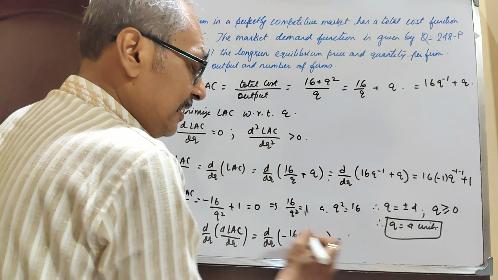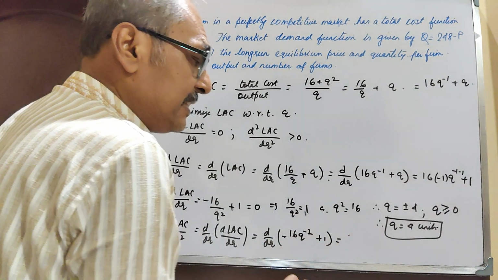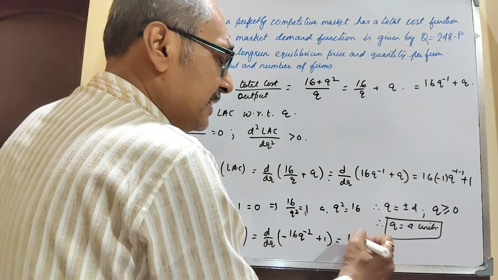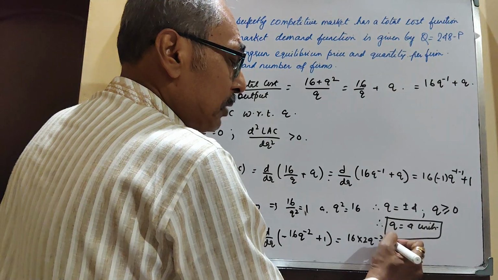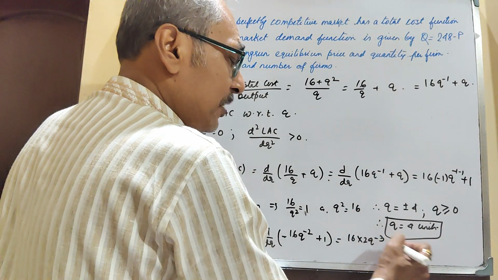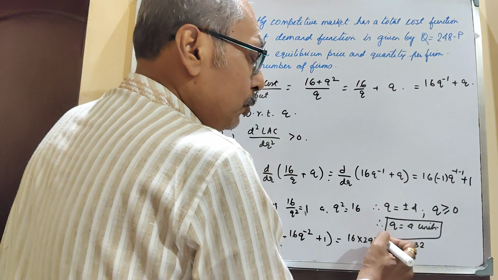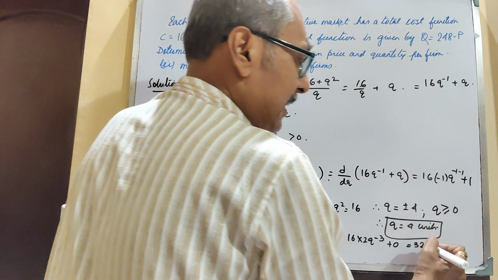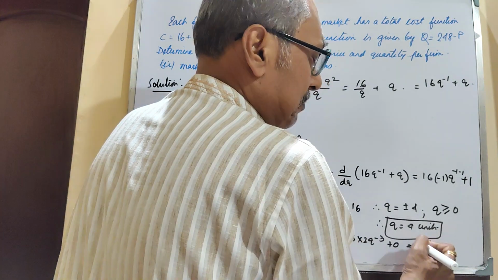The minus 2 comes here, so minus into minus becomes plus: 32 q to the power minus 3, and 1 is a constant, so if you differentiate it, it becomes 0. Now, 32 q to the power minus 3 is a positive number.